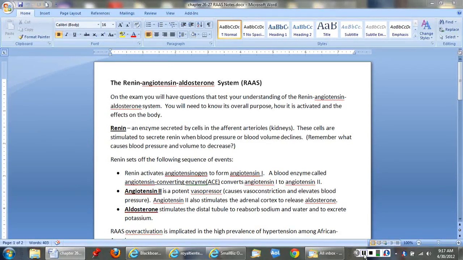If there's a buildup, if you all listen to the fluid electrolyte chapters, the kidneys' job is to make sure that blood has the perfect concentration of all of the ions, all of the electrolytes, fluid. So if anything is higher than it should be, then there's usually mechanisms for the kidney to get rid of those items through urine.